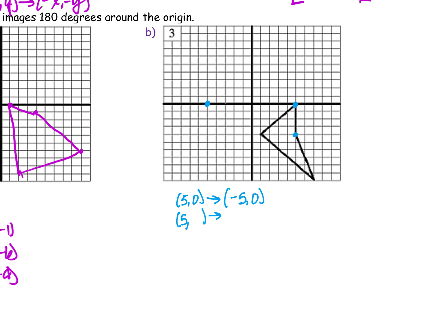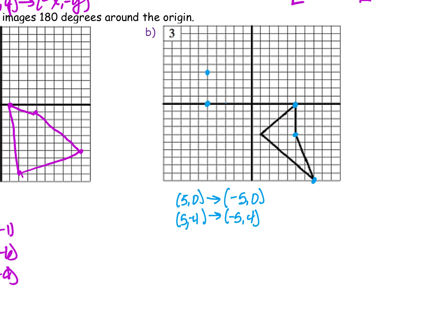Beautiful. And where does it go? Remember, what am I doing at 180 degrees? What am I doing to the signs? I'm just changing them, right? So it becomes negative 5, positive 4.